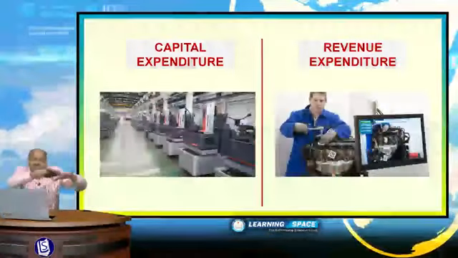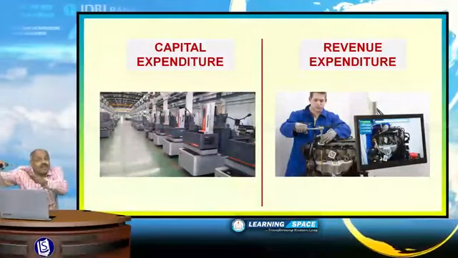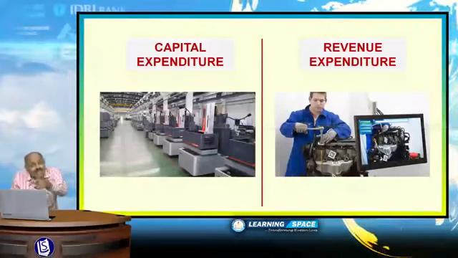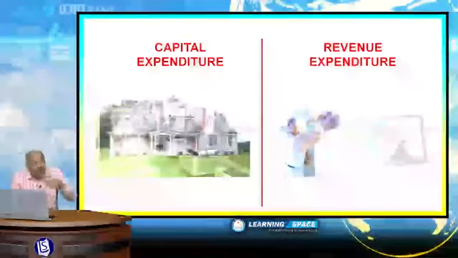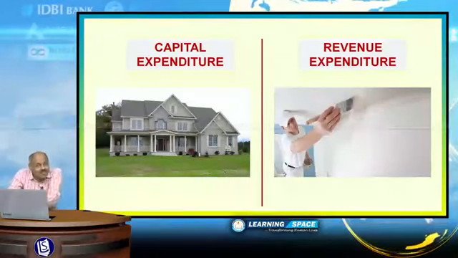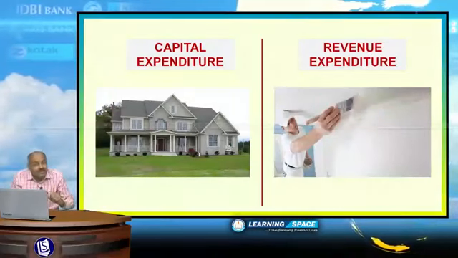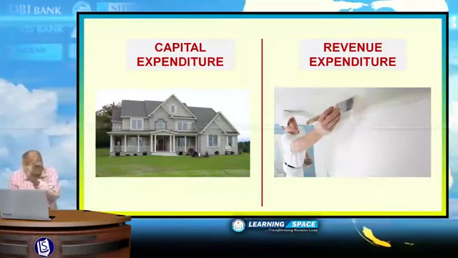Purchasing new machinery is capital expenditure and doing repairs to the machines is revenue expenditure. As I have already told you, purchasing a new house is capital expenditure and doing whitewashing is revenue expenditure. So this is the way to look at capital expenditure and revenue expenditure.